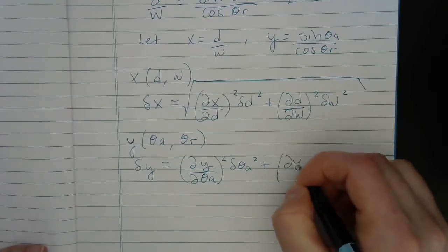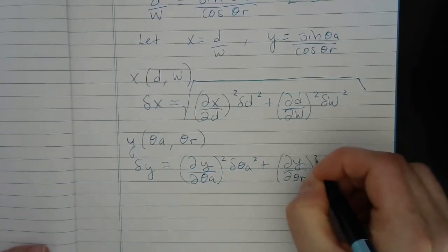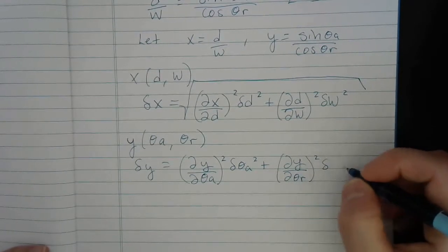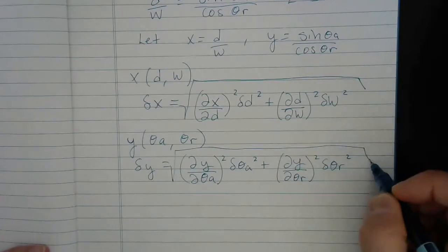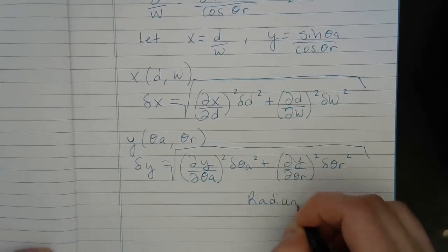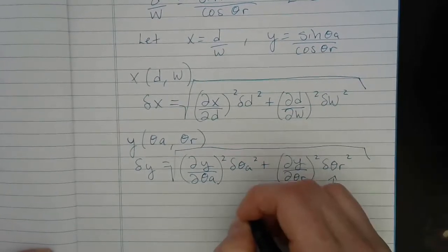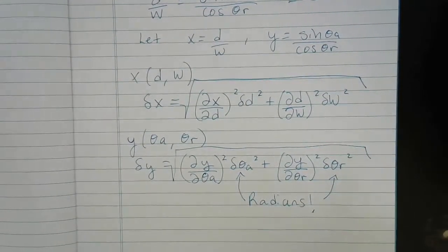So the partial derivative of y with respect to theta r, squared, times delta theta r squared. And once again, the angles and their uncertainties all need to be in radians in order to get the correct result here. So I'm going to leave it here.